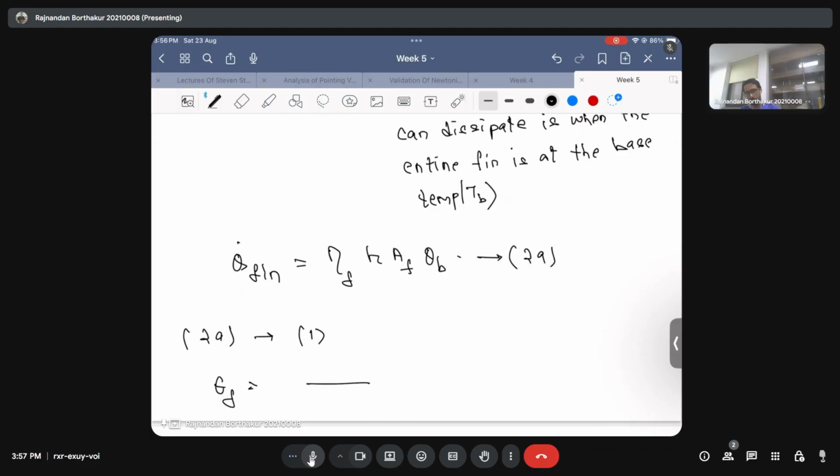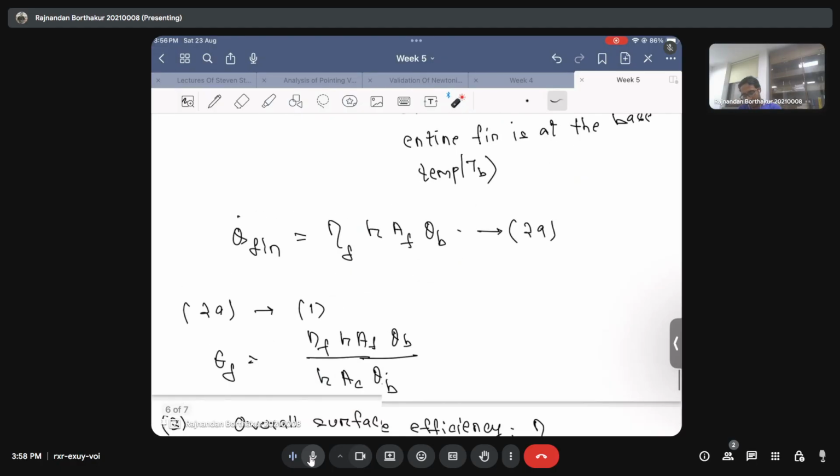Then you will simply see that your effectiveness is Q dot fin, which we have already evaluated in terms of its efficiency, is eta_f times h times A_f times theta_b divided by h times A_c times theta_b. So h times A_c times theta_b was the case when there was no fin, basically.